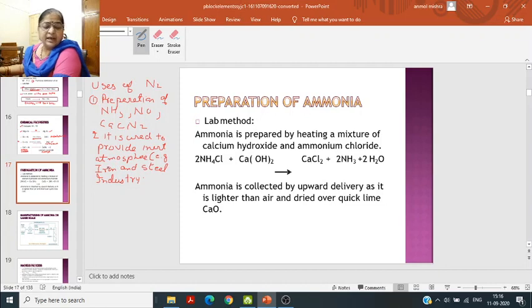Next is that liquid nitrogen is used as refrigerant.